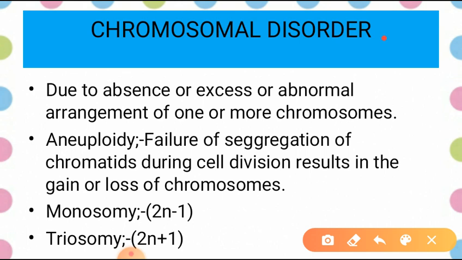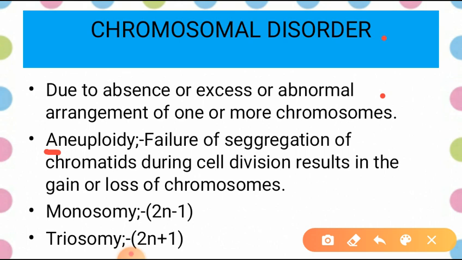Every species has a particular number of chromosomes. If you take the human population, we have 23 pairs of chromosomes, right? So either absence of one or more chromosomes or excess presence of one or more chromosomes leads to which disorder? Chromosomal disorder. So here, aneuploidy.